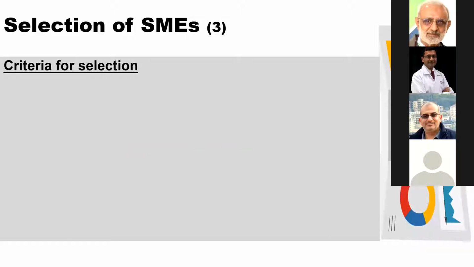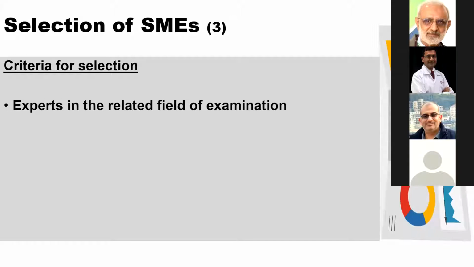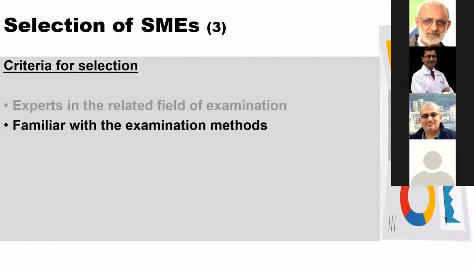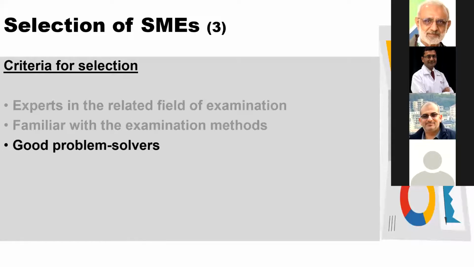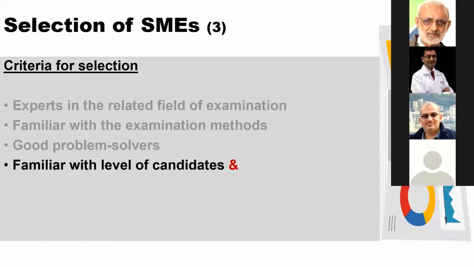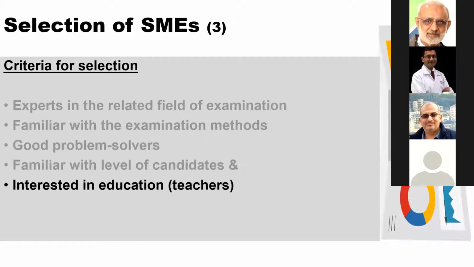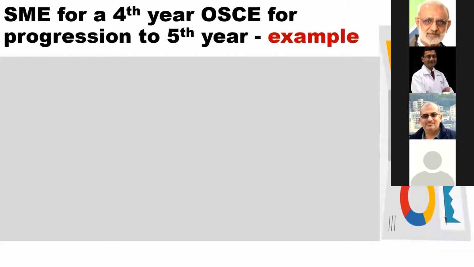The criteria for selection of SMEs include, number one, that the expert should be in the related field. The expert must be familiar with the examination method, should be a good problem solver, should be familiar with the level of candidates, and should be interested in education, preferably medical teachers. Here is an example of an SME for a 4th year OSCE for progression to 5th year.